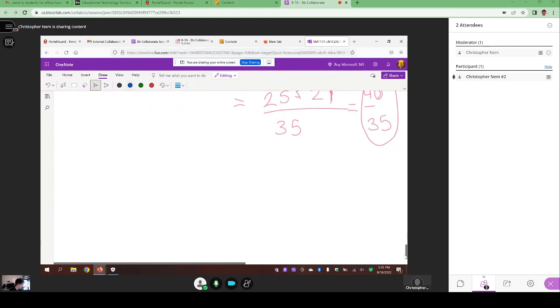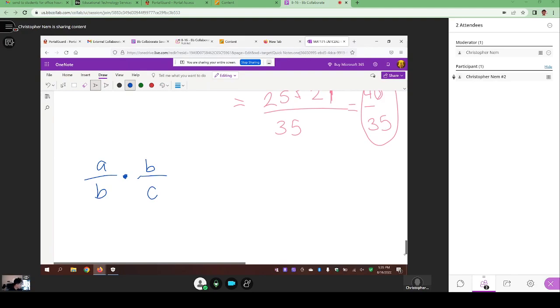If I want to multiply them together, let's say I have A over B times B over C. The good side with multiplication, the denominators really do not matter. They only matter for simplifying.